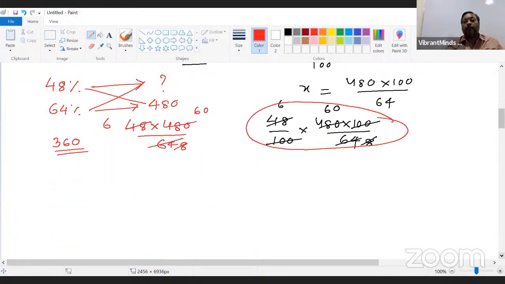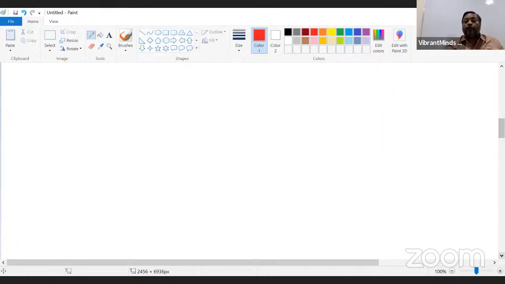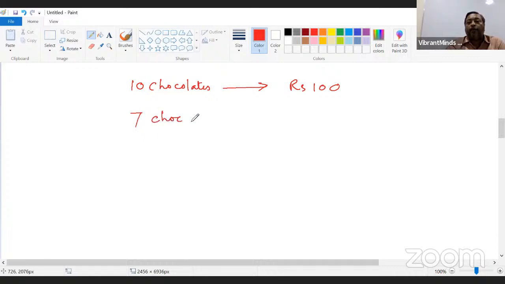Now, let's continue. To understand this direct variation, see, let's say 10 chocolates cost me rupees 100. So direct variation, if I ask what will be the cost of 7 chocolates?